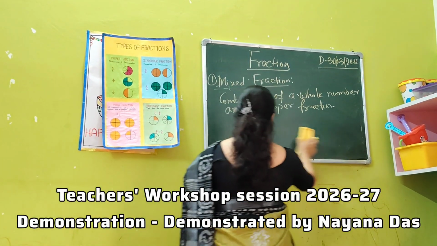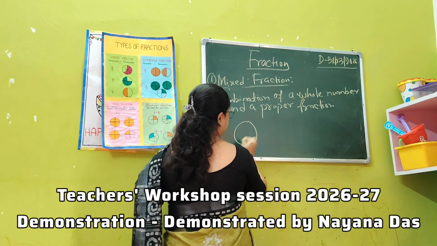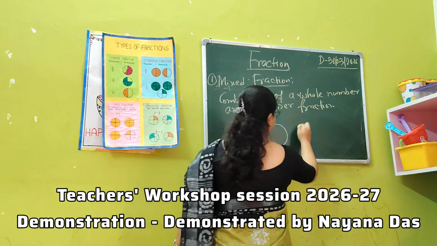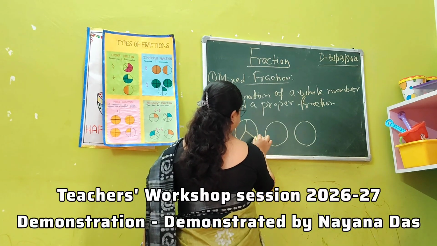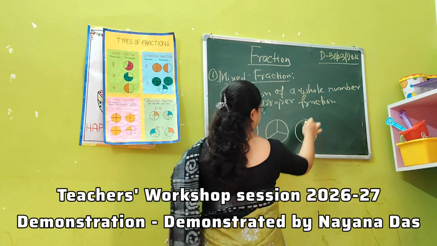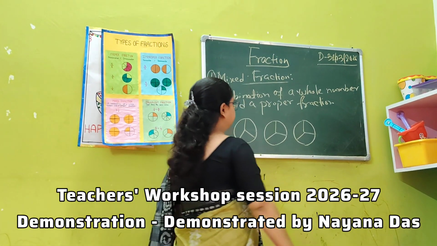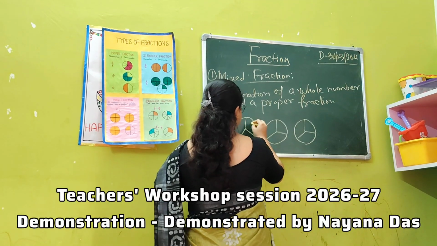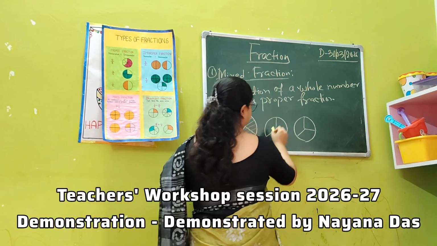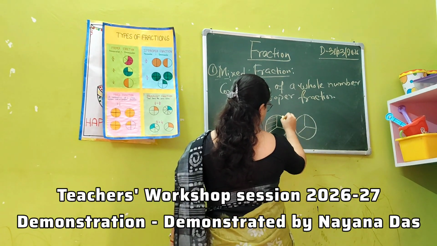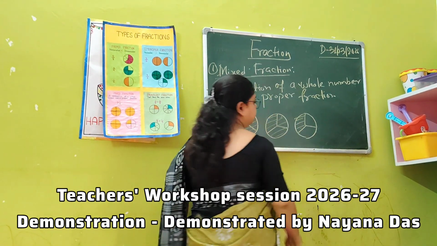Here, if we consider 3 whole cakes and we are dividing them into 3 parts, and we are taking this whole part and this part.